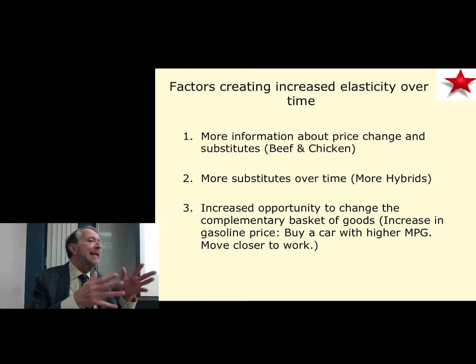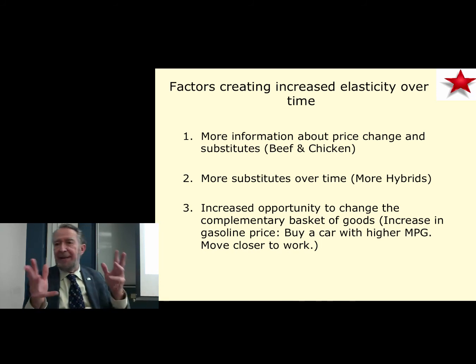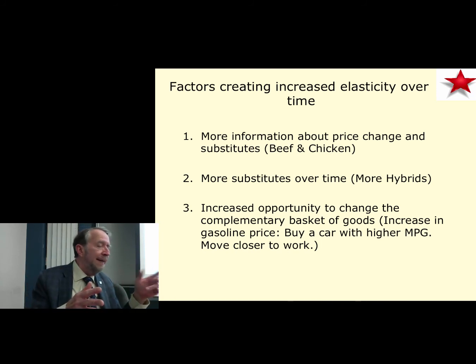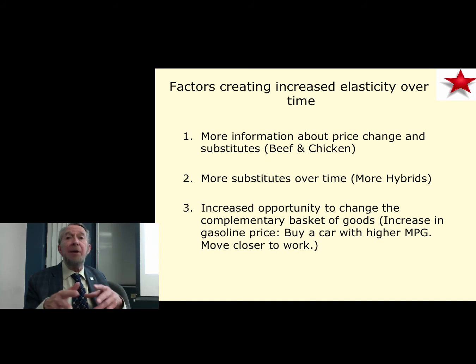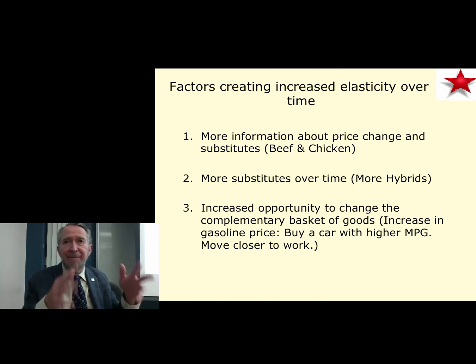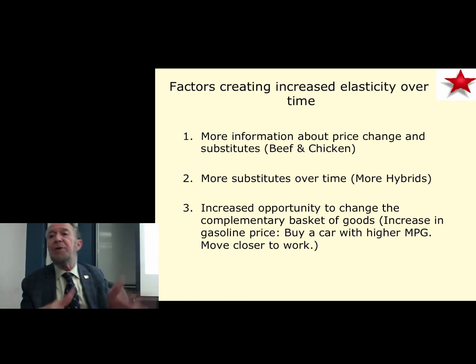Say you're in the second year of a three-year lease of an SUV where you get 12 miles per gallon, and the price of gas goes up to $5. Well, you'll probably drive somewhat less. But when that lease expires, the next car you're going to look at miles per gallon, and you're going to get something that's much more efficient. So over time, the amount of gasoline you'd purchase would decline by a lot more than in the initial case.